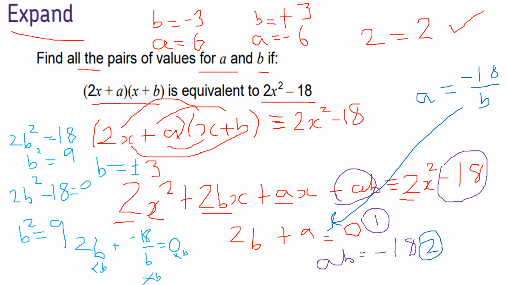If the signs are different, the answer when I multiply or divide is negative, and if the signs are the same, the answer is positive. So negative 3 times positive 6 makes negative 18, and positive 3 times negative 6 makes negative 18. So they are your values of a and b, such that 2x plus a times x plus b is equivalent to 2x squared minus 18.